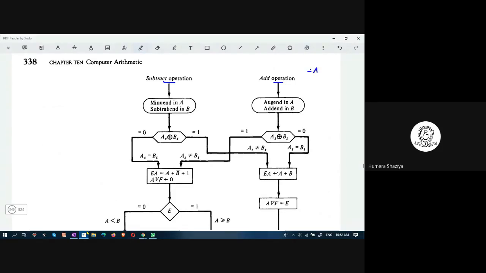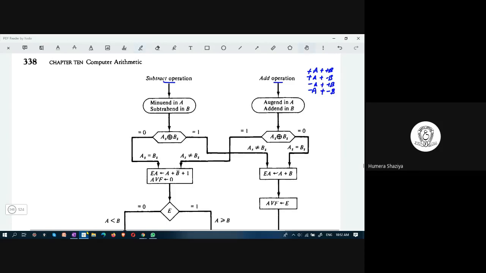Minus plus A plus B, plus A plus minus B, minus A plus B, minus A plus minus B. For this addition operation, there are 4 combinations.